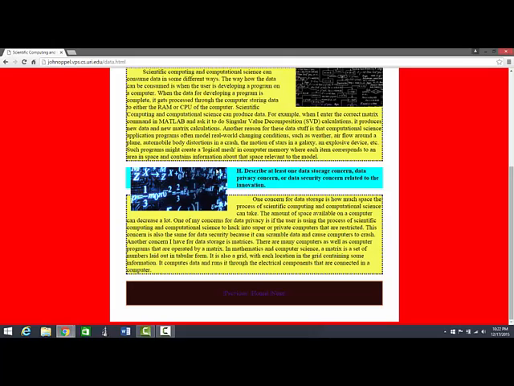And for my security concerns, when scientific computing and computational science coding is being processed, the data can sometimes be scrambled and cause computers to crash. In the image on the left right here, it shows data being stored.